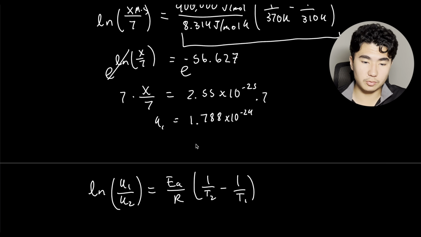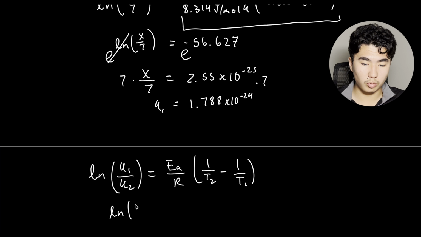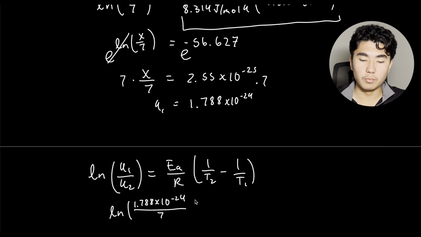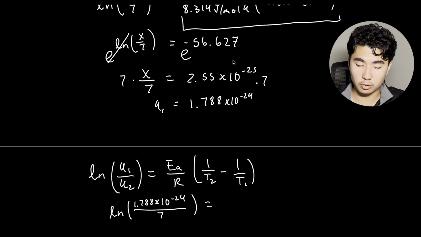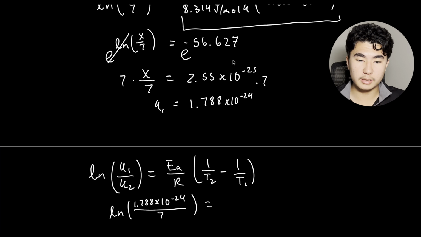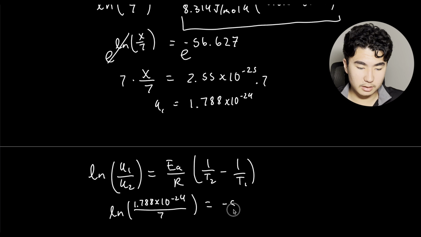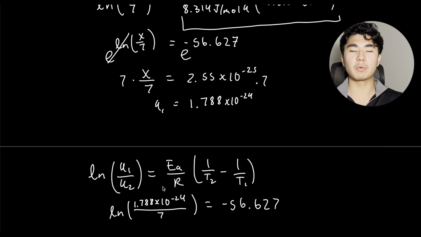So all we have to do is see if ln of 1.788 times 10 to the negative 24 over 7 equals negative 56.62 in order for our answer to be correct. Once we do that, indeed we get negative 56.62. So that's how we know our rate constant is correct.